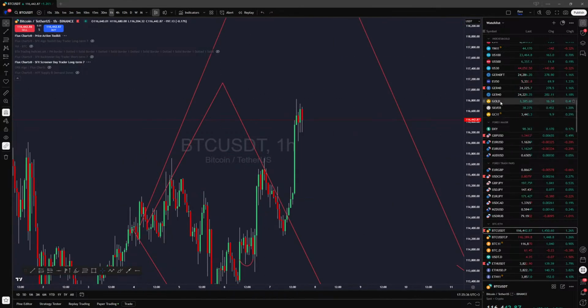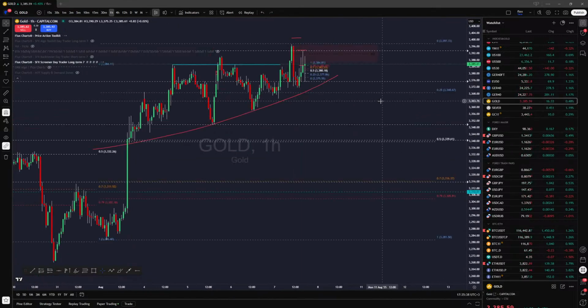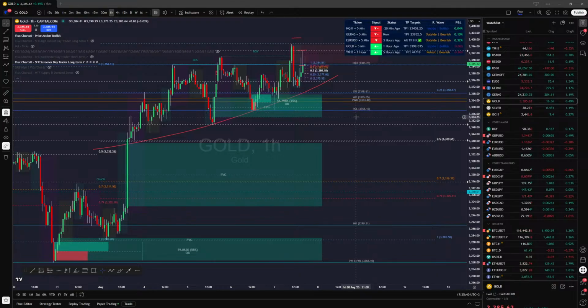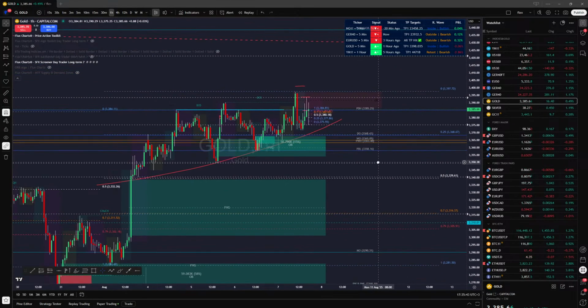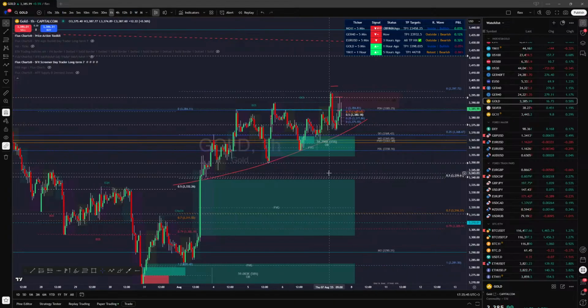When we're talking about reversal, it's never gonna happen on a lower time frame. We're talking only about high time frames. So if you want to spot a reversal, you have to work on high time frames.